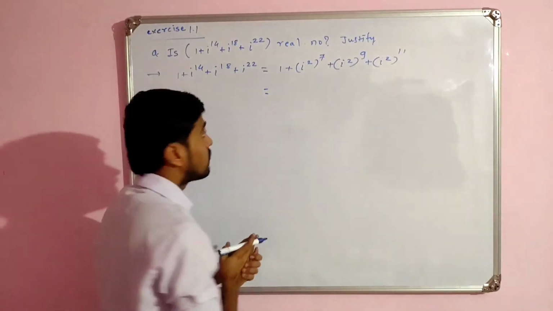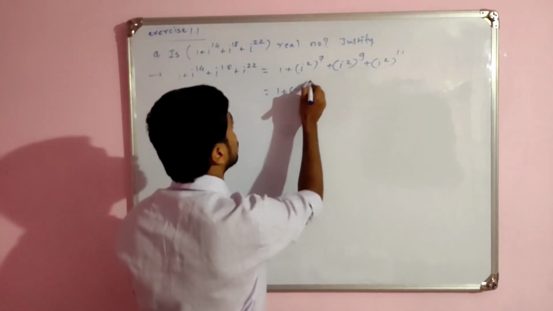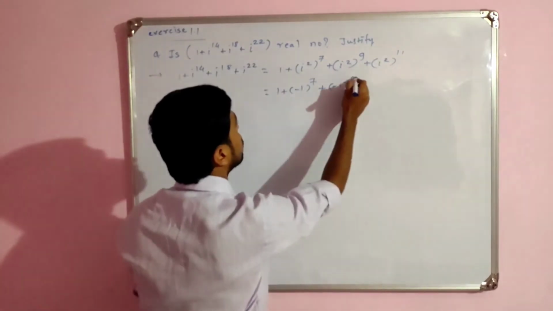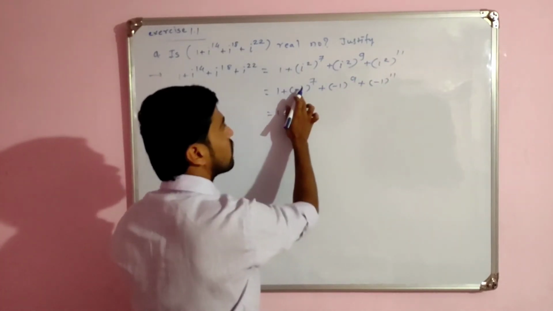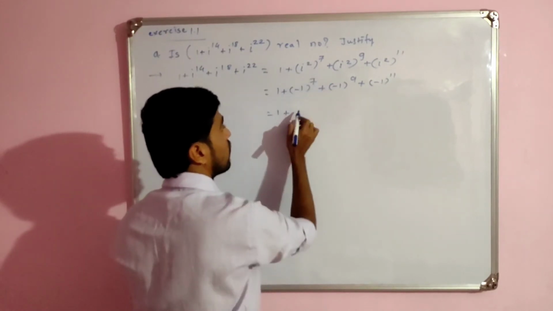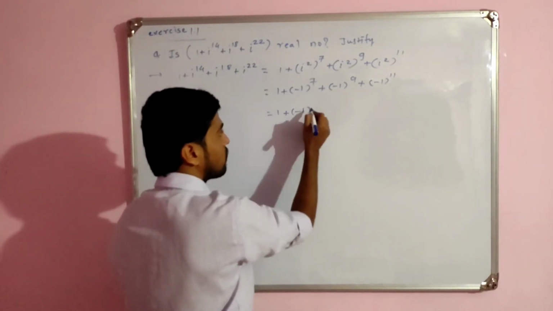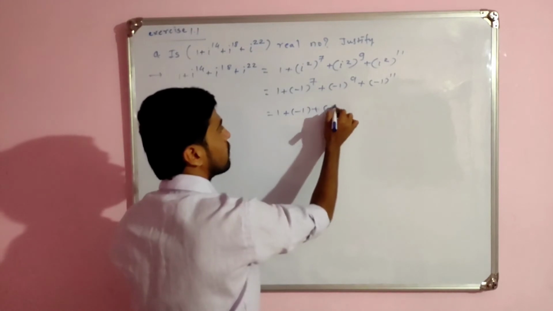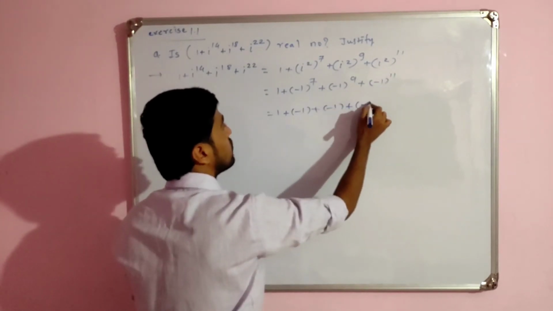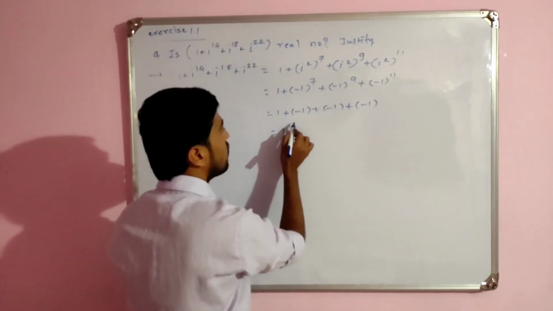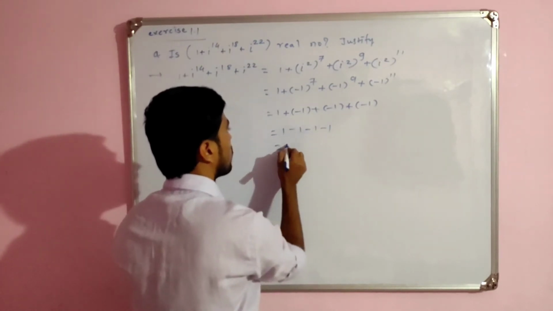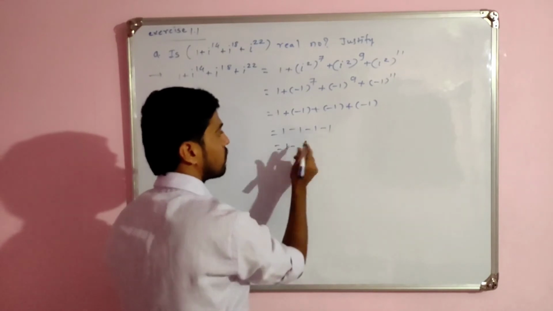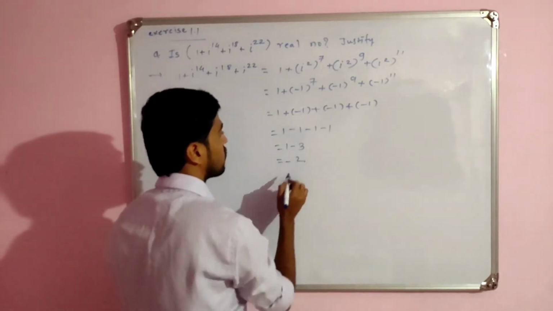i² is -1, so 1 + (-1)^7 + (-1)^9 + (-1)^11 is equal to 1 plus -1 raised to an odd power, which is -1, plus -1, plus -1. So 1 - 1 - 1 - 1 = 1 - 3, which is -2.